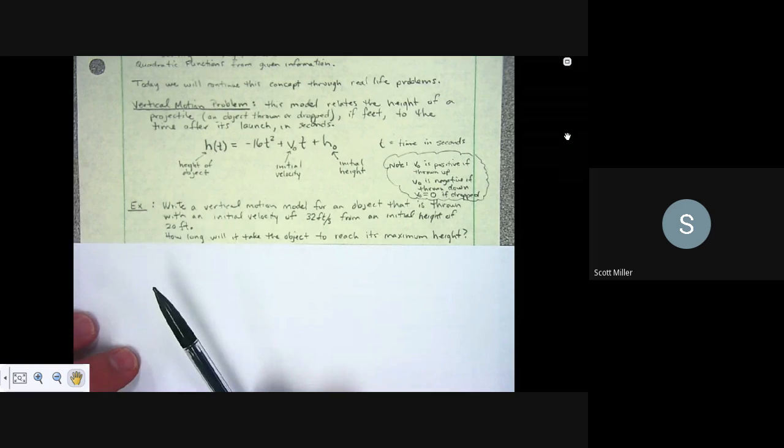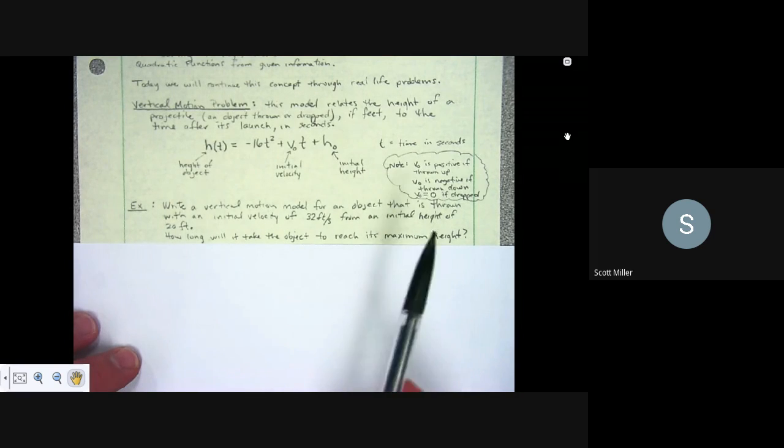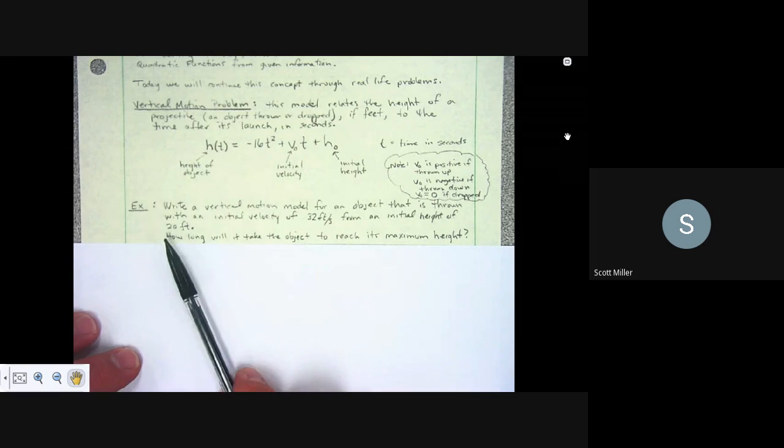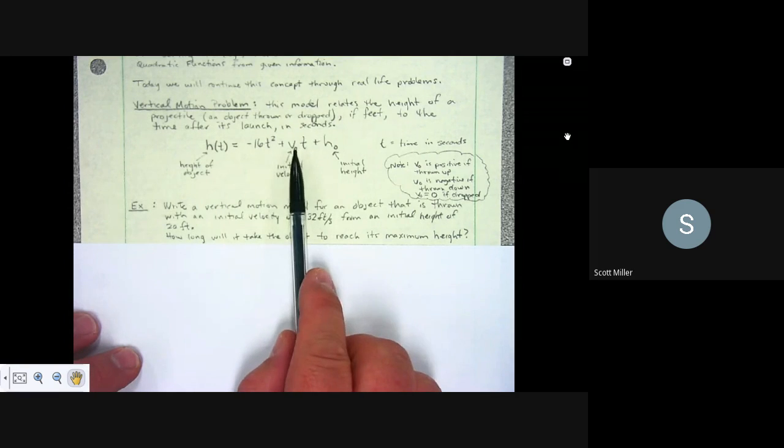Anytime you do a real life problem, you need to read it and make sure you understand things. If they talk about a word or a phrase that represents some kind of formula or equation you already know, as in this case, vertical motion model, that is the model. You want to write that on your paper. And then you find the values to plug into it.